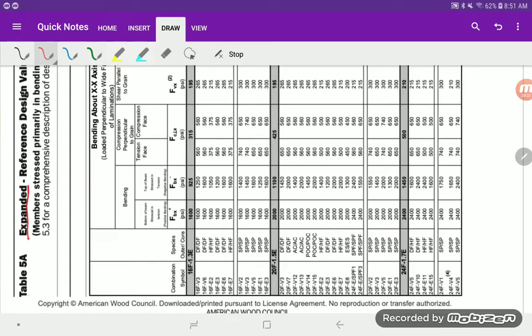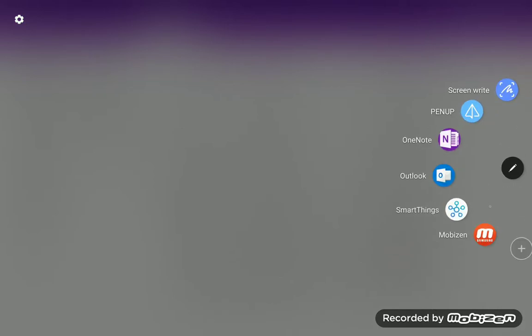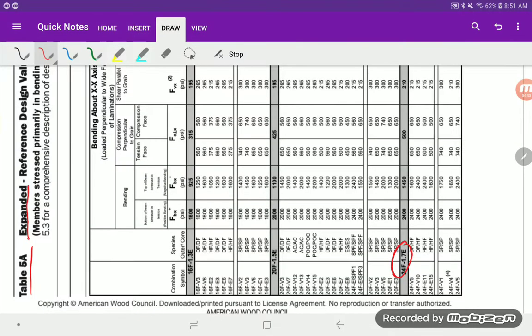This is the expanded table 5A for reference design values. And if you go down here, boom, here's our 24F number. And now we're told that the combination, the layup, is 24F V5.